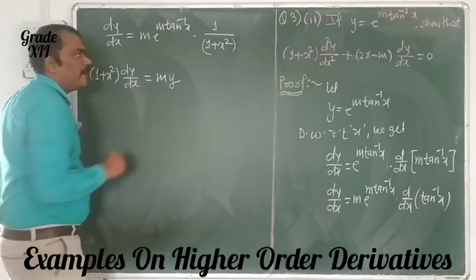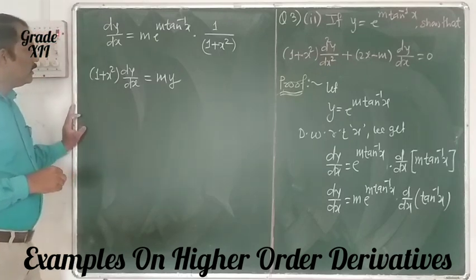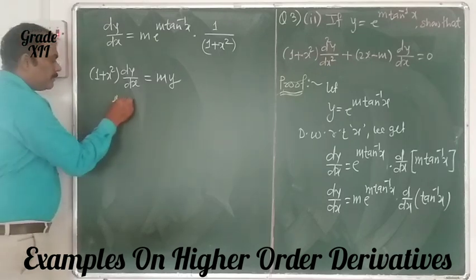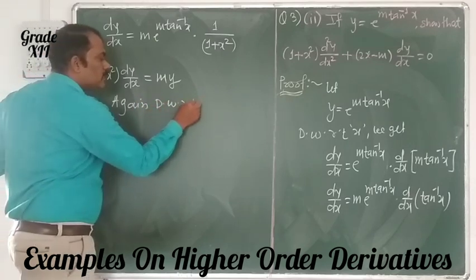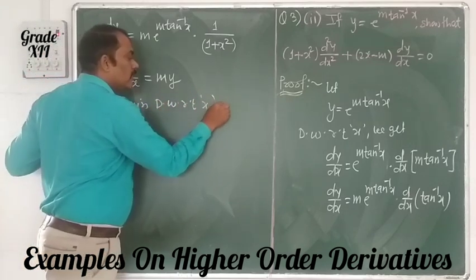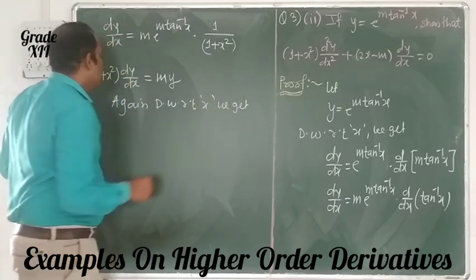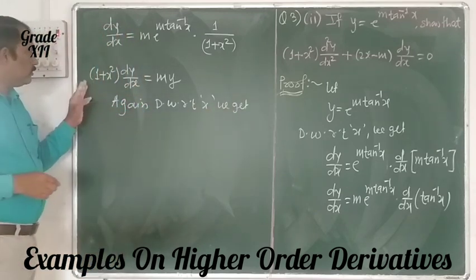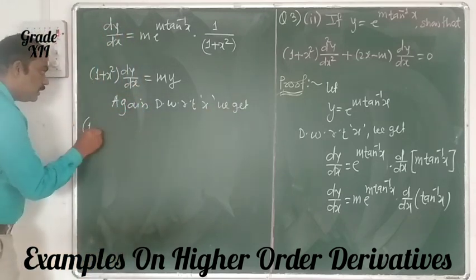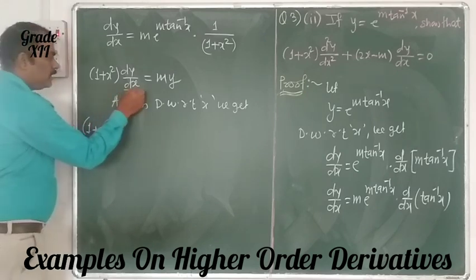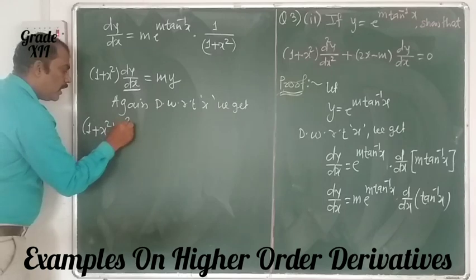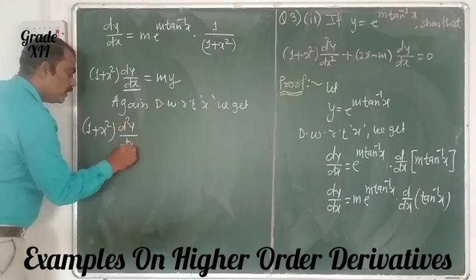Okay. Again we have to differentiate with respect to x. Here we have to use the product rule. First one as it is, 1 plus x square as it is, into the derivative of the second, which is d2y by dx square.